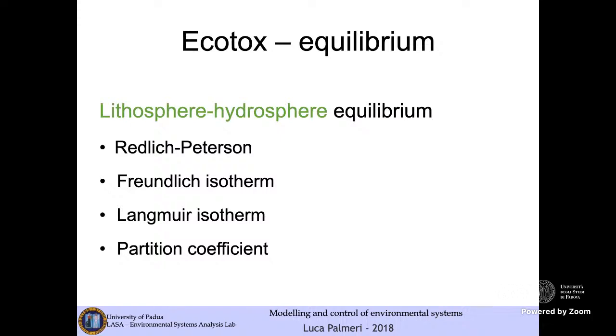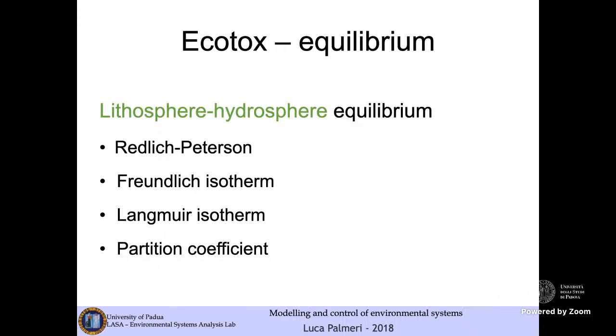So what is passing from the water matrix into the solid or lithosphere. For describing this kind of processes, we employ three classical models that are called isotherm models: the Redlich-Peterson, the Freundlich, and the Langmuir isotherm.